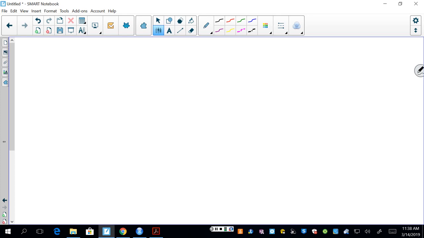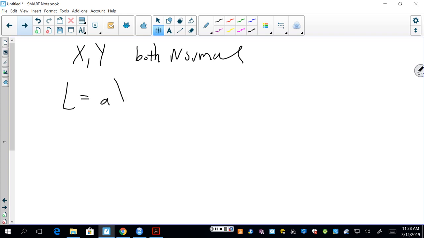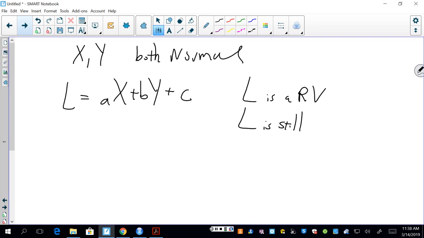So if we have two variables, x and y, they're both normal, correlated or not, and we take some linear combination, a times x plus b times y plus some constant, L is a random variable, and L is still normal.